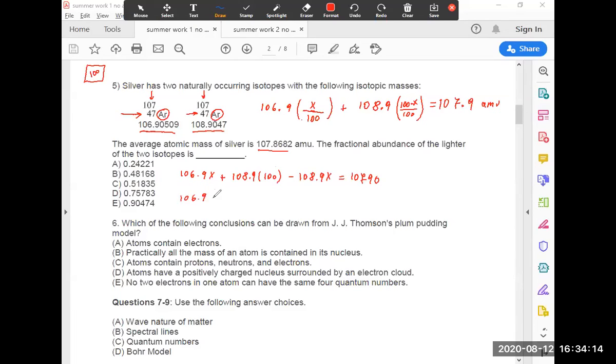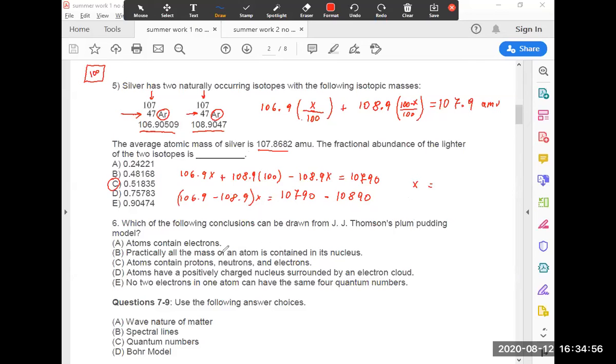So 106.9 minus 108.9, those are the x's, and this is equal to 107.90 minus 10890, because you're multiplying this one by 100 as well. At this point, your x is going to be equal to this, C, if you solve.